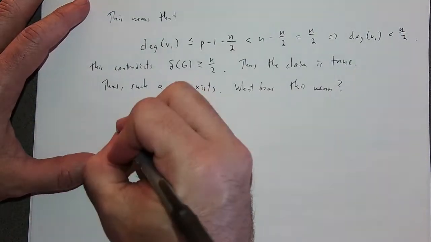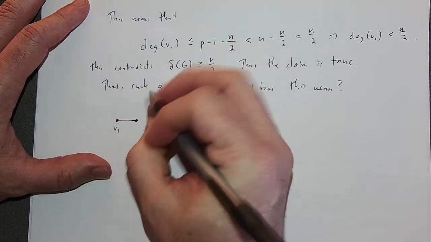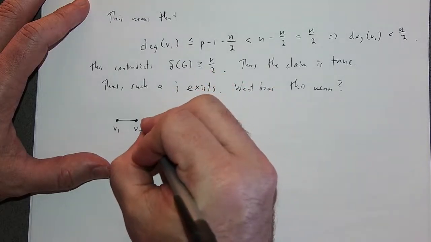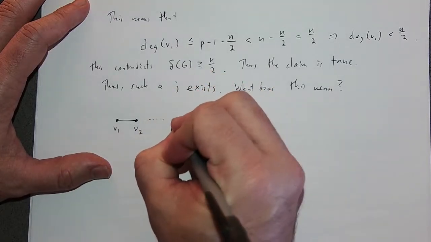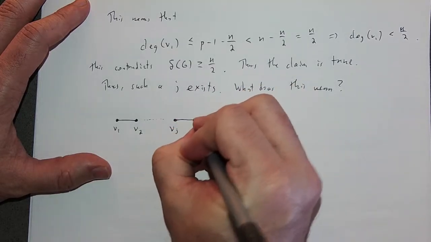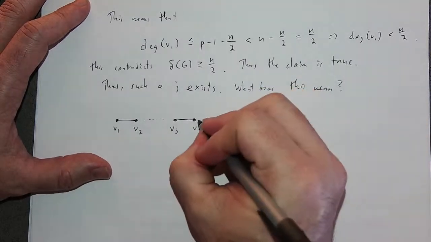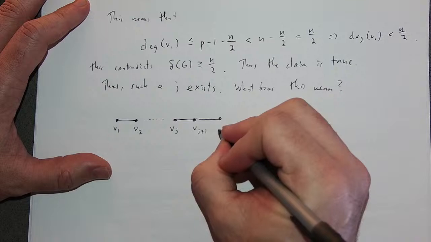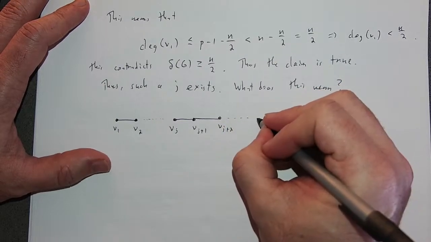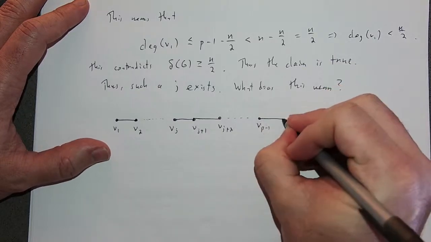So I have a path, and without loss of generality, a path on p vertices looks like this, up to there is some v sub j, and then the next in the path is v sub j plus 1, and then the next in the path is v sub j plus 2, and so on, all the way to v sub p minus 1, connected to v sub p.